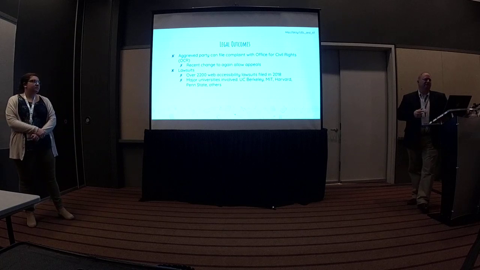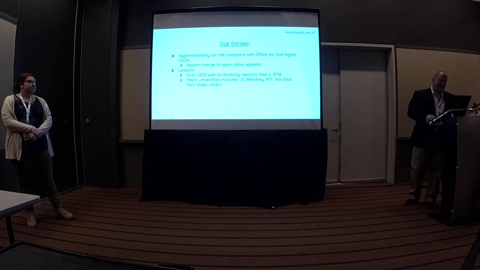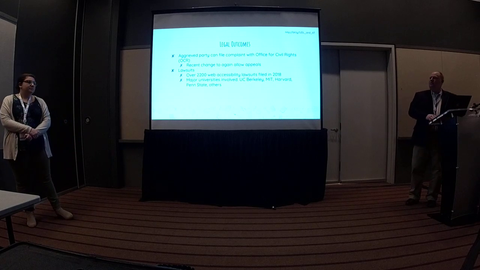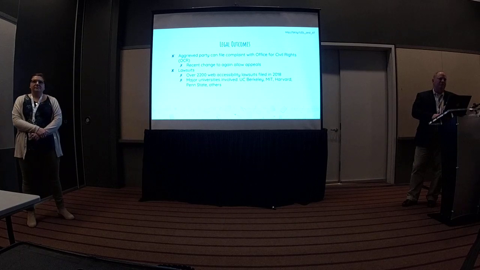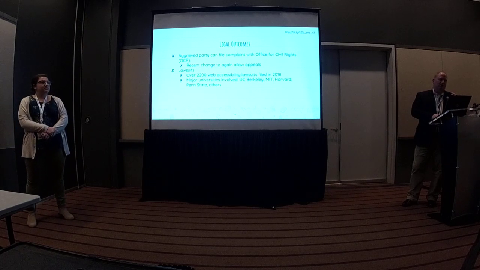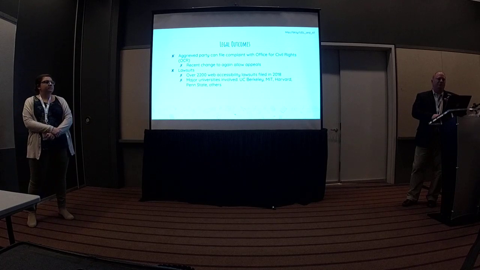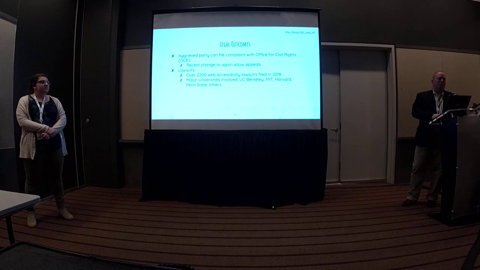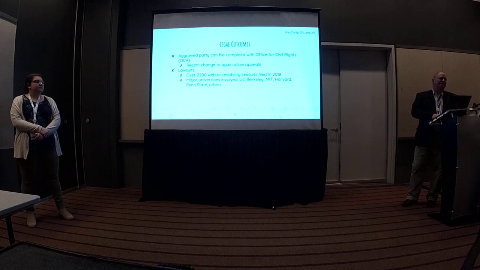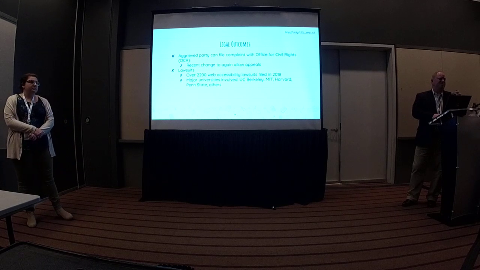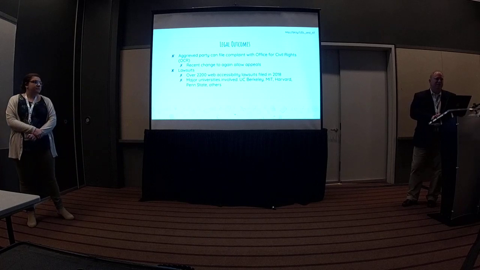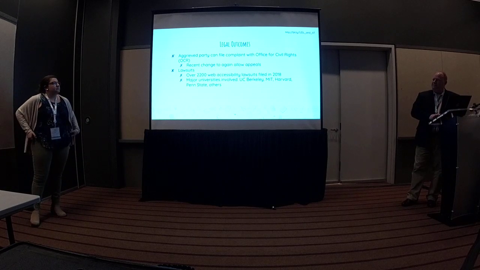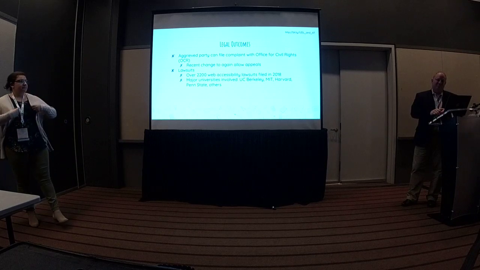MIT and Harvard created the MOOC edX, and they were sued because they didn't have closed captioning on a lot of their websites, and they didn't have speed control on a lot of their websites, which matters for people who are blind. If they can listen to it, they can listen at a faster rate than those of us with sight can. People sometimes want to slow it down if they have problems with cognitive issues. So they were sued.